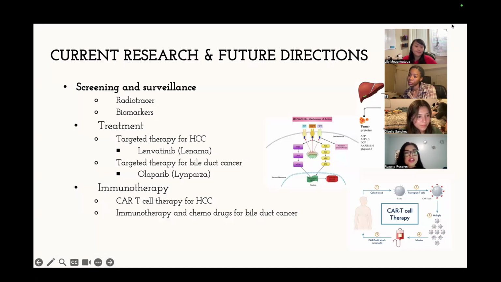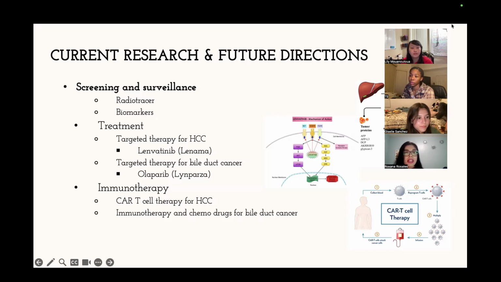So for current research and future directions, under screening and surveillance, current research includes testing the use of a radioactive substance, known as a radiotracer, that may help doctors see specific parts of the body in order to detect small and early stage liver tumors that can be difficult to detect on a regular ultrasound exam.